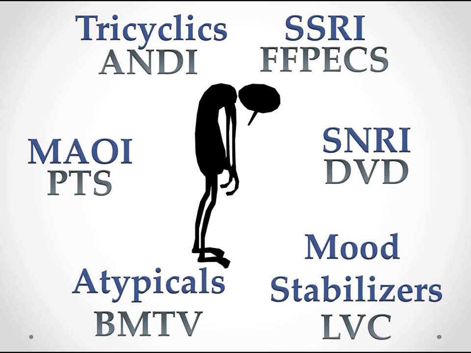And then we move on to the SSRIs and the SNRIs. This one takes a little bit of imagination, but I think of the SS as standing for so sexy, and the SN as standing for so not. So the so sexy category, those are the ones with the freaking fabulous pecs.